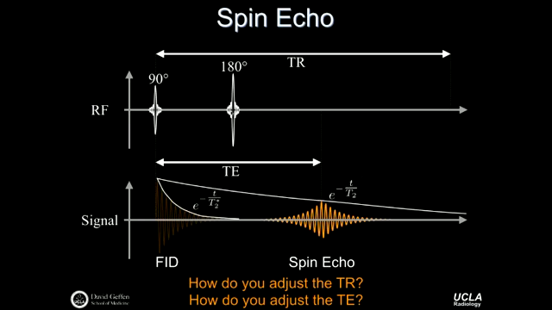And you'll see this in a second, but if I want my echo time to move out by 20 milliseconds, I have to move my 180 out by half that, by 10 milliseconds. So in particular, the echo time forms at twice the time between the 90 and the 180. That's what defines the echo time. The echo time is defined by how much time there is from the excitation pulse to the 180 pulse. We can move the 180 around, and that'll change when our echo actually forms.